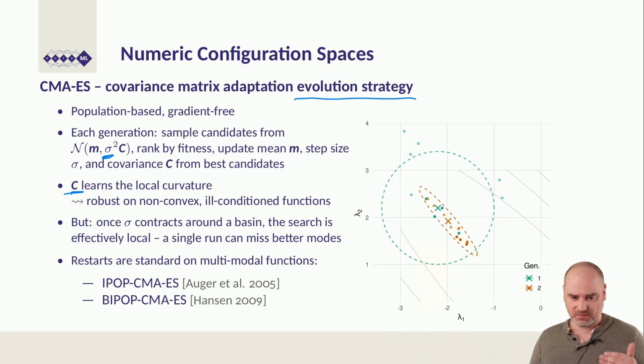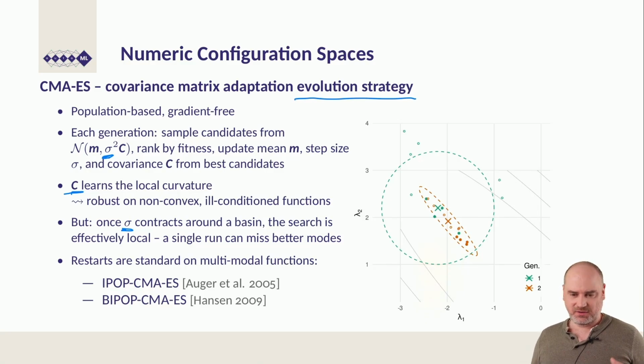But once we start contracting this factor sigma in front of the covariance matrix more and more, we enforce local convergence. And this is, in a certain sense, something that we want, so that we converge to a point at the end.